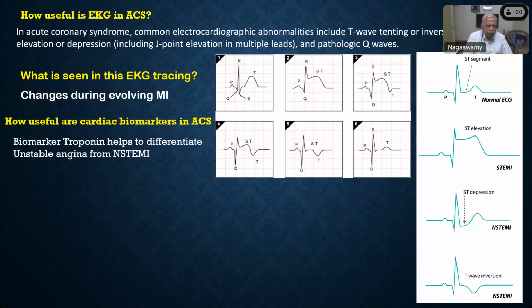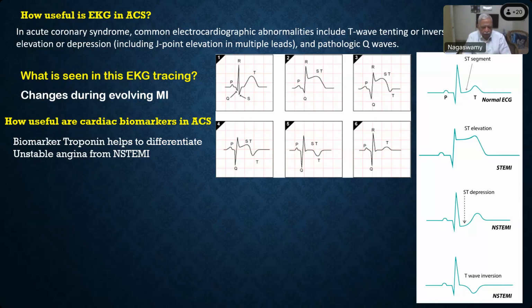Biomarker troponin helps to differentiate unstable angina from NSTEMI. But nowadays, you follow the biomarker. You have to repeat the biomarker testing after 6 hours, because sometimes the initial test may show a normal result, but you wait for 6 hours and then repeat it.